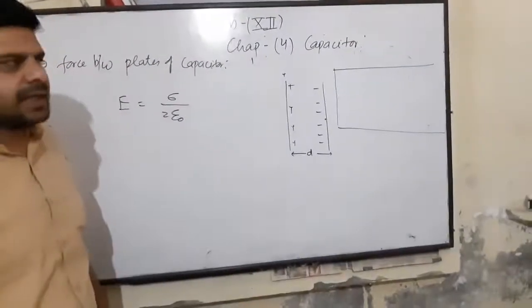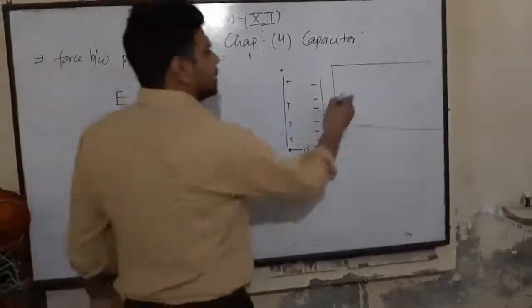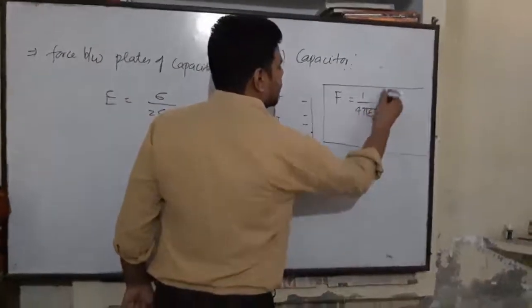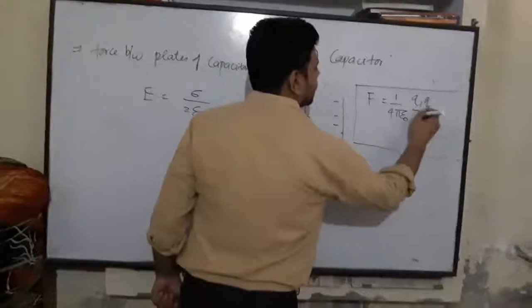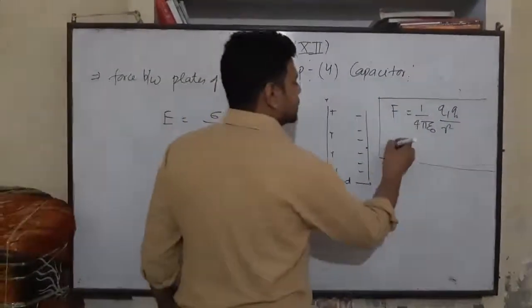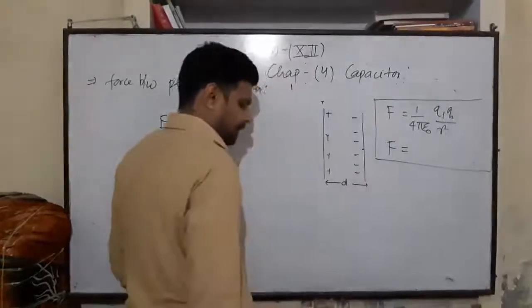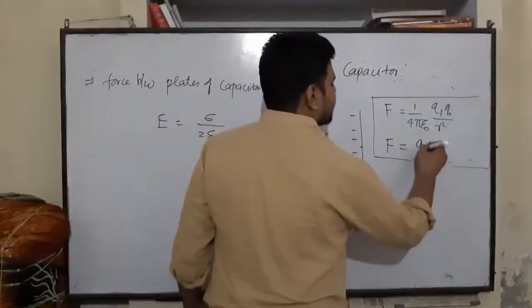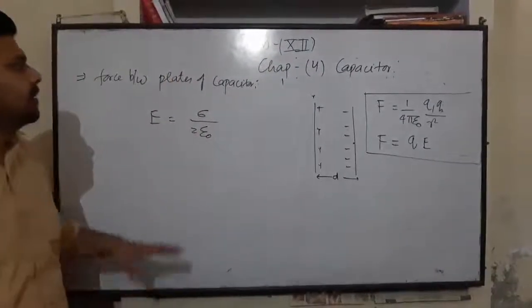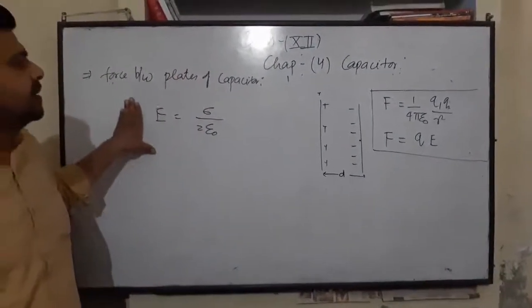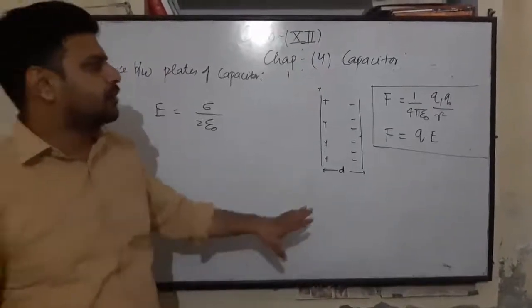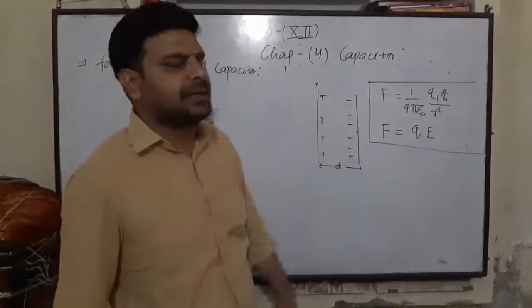One is Coulomb's law, which is applicable only for point charges, and the other is F equals QE. Okay, we have to find the force between plates of capacitor. We have only two formulas for finding the force.